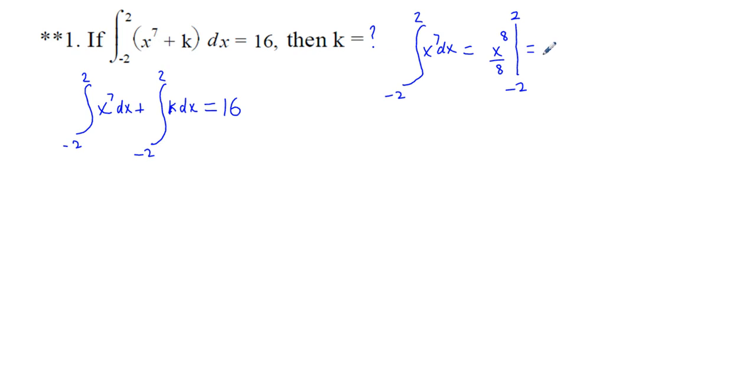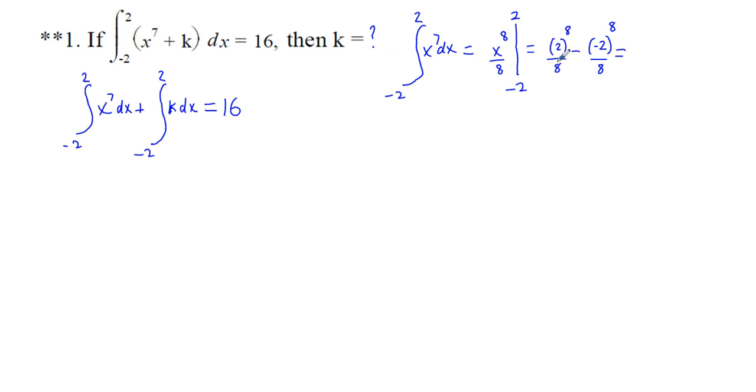So what we have is f of b, so we have 2 to the 8th power over 8 minus negative 2 to the 8th power over 8. Now when you simplify this, 2 to the 8th power is, I don't know what it is, but you're going to get the same thing in each instance.